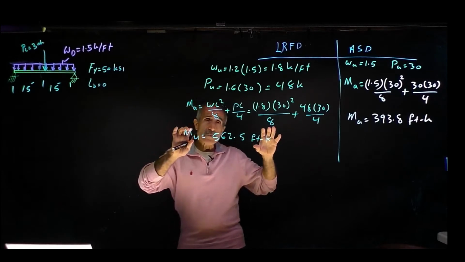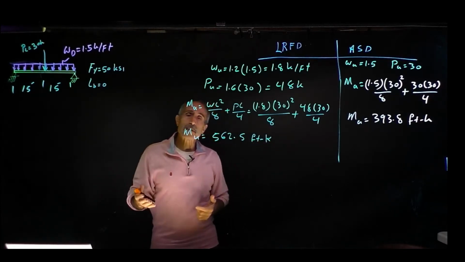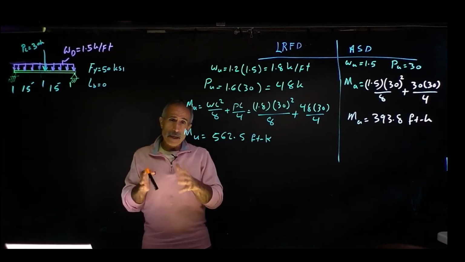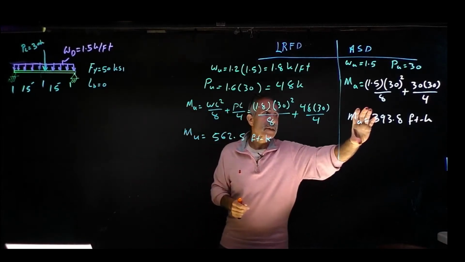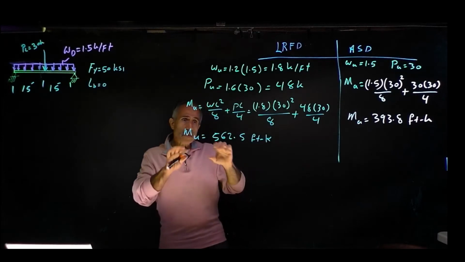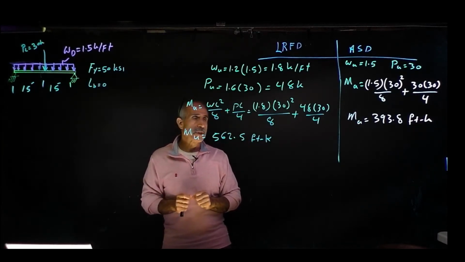We're going to take this moment, then go to Table 3-2. We're going to look in Table 3-2 to find the capacity of the beam, a capacity which is bigger than this in LRFD and bigger than this in ASD. And then once we find that, we can find a beam size for it.